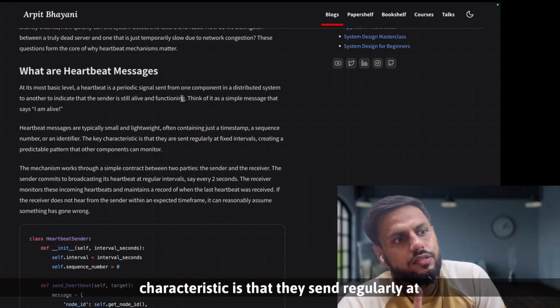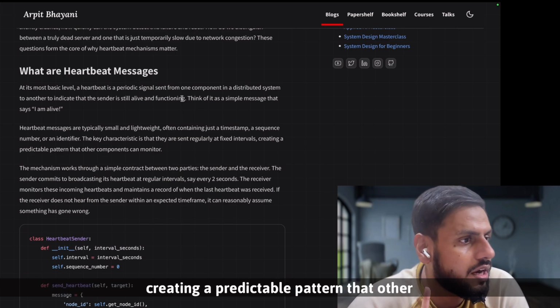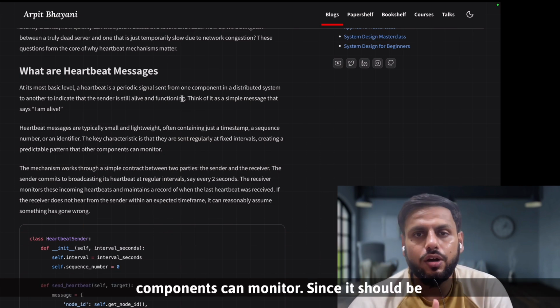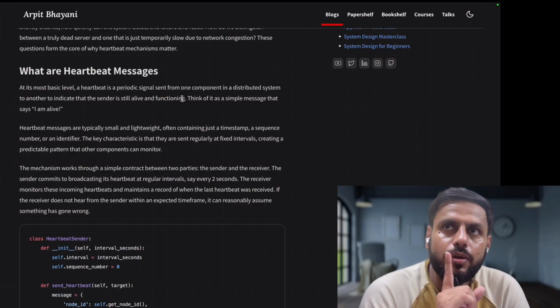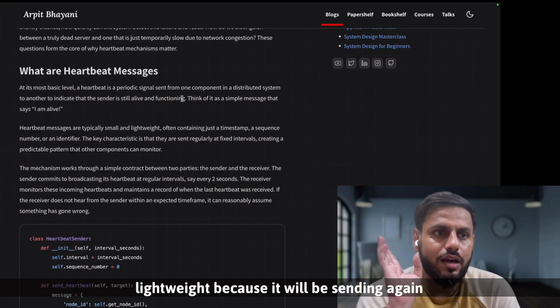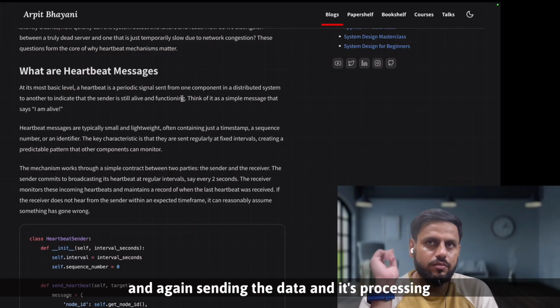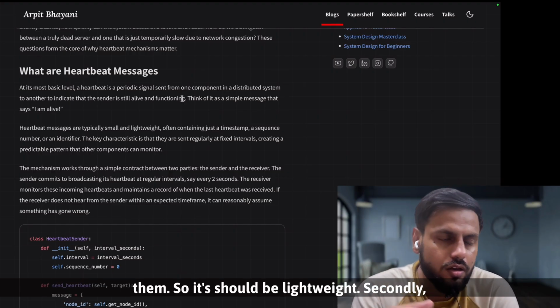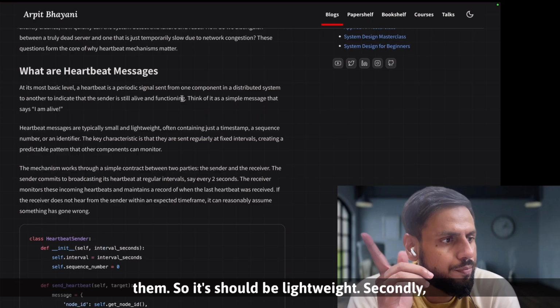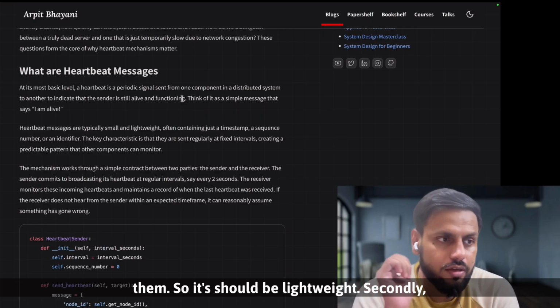The key characteristic is that they are sent regularly at fixed intervals, creating a predictable pattern that other components can monitor. Since they are sent again and again, they should be lightweight. It's like polling, sending the data again and again and processing it.